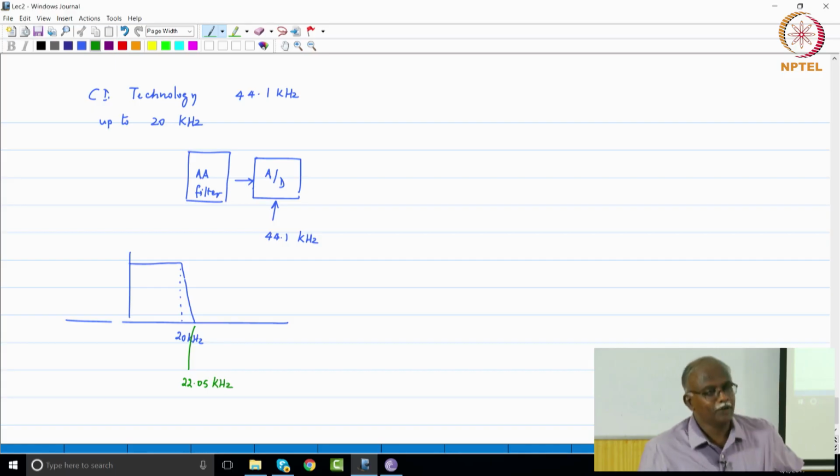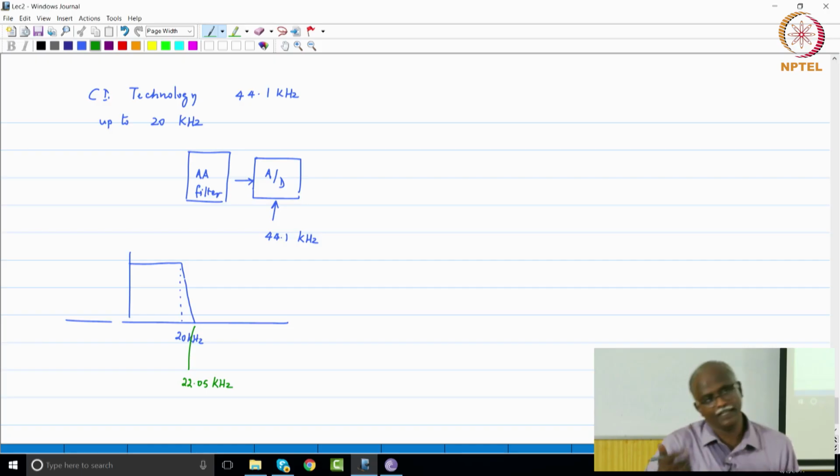Okay. Now, those who have studied analog filter design, what are the things that make analog filters complex to design? What are some of the aspects? If I impose these conditions, the analog filter becomes complex. Give me a few criteria that make the analog filter difficult to design, difficult to implement. Okay. One is the sharpness with which you transition from the pass band to the stop band.